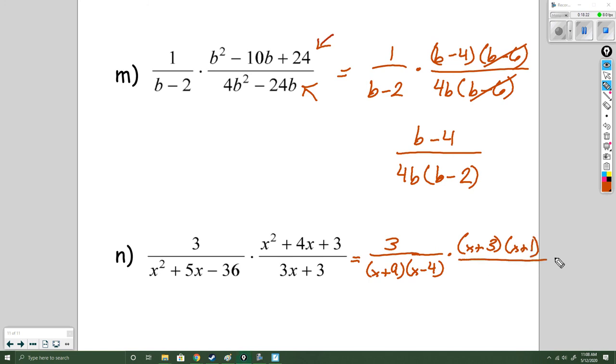And then the denominator in the second fraction, we could factor a 3 out, and that would be 3 times the quantity x plus 1. So we see x plus 1's cancel out, we see some 3's cancel out, and we would just have x plus 3 on the quantity x plus 9 times the quantity x minus 4. And we could just leave it like that.